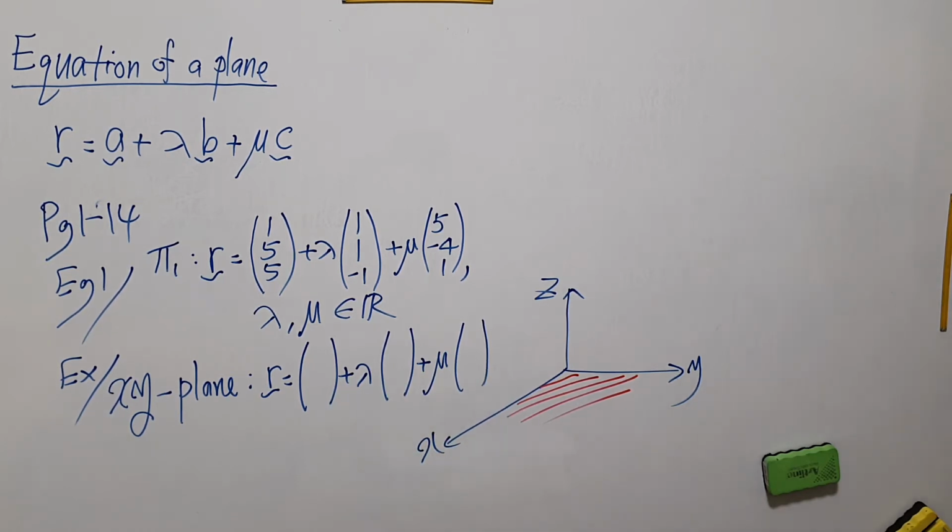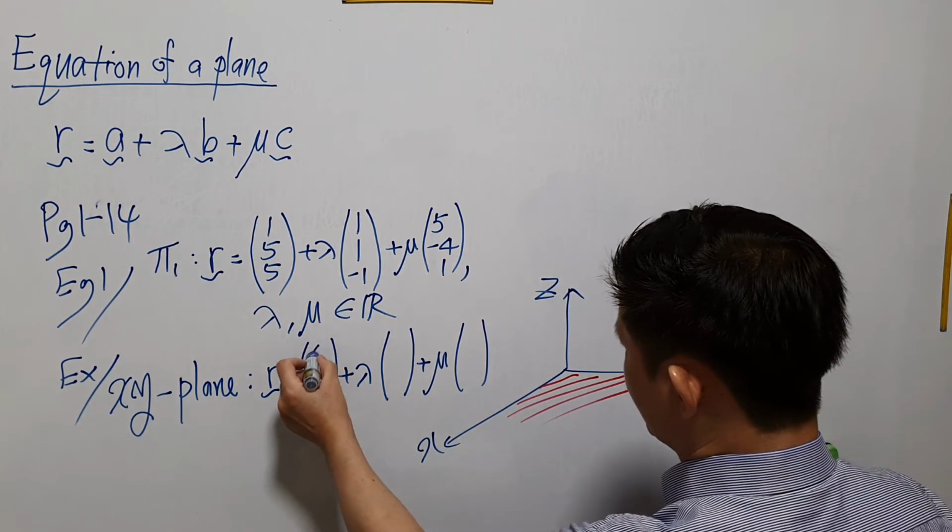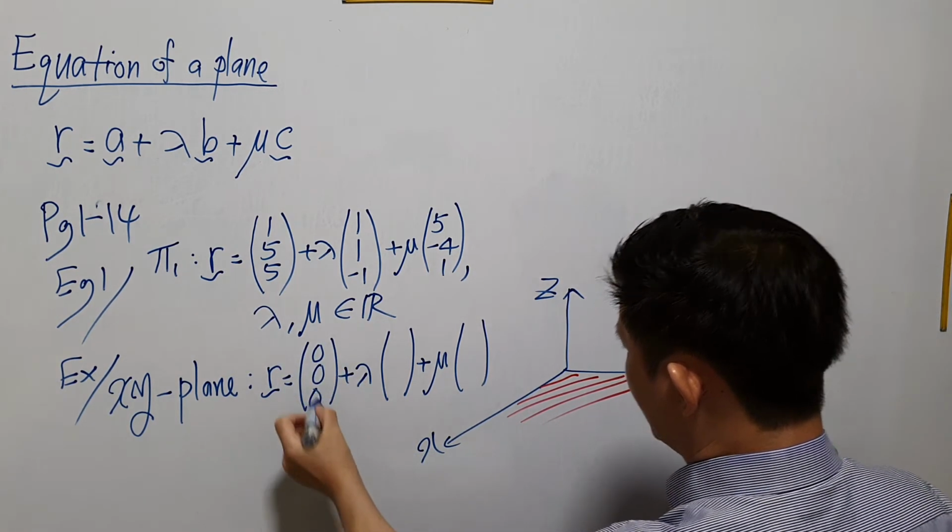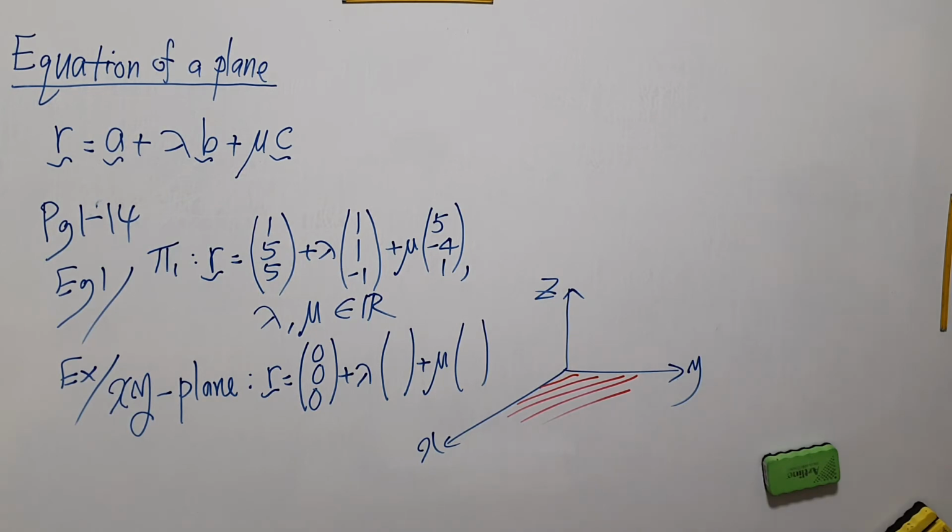For the first vector, what I need is a point on the plane. Can you suggest a point that is on the xy plane? The easiest example that you can think of is actually the origin itself. The origin lies on the xy plane.